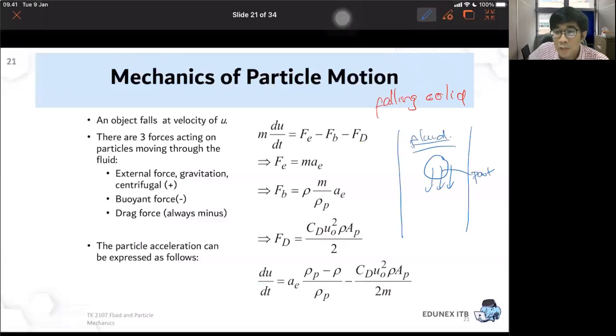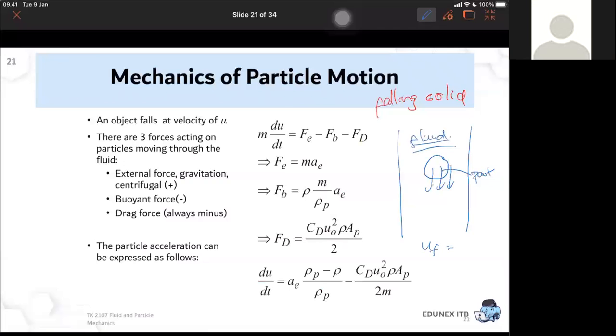So in falling solid or falling particles, what is the velocity of the fluid? If you just have one particle, one solid falling down, what will be the velocity of the fluid? The velocity of the fluid minus the velocity of the particles, sir.